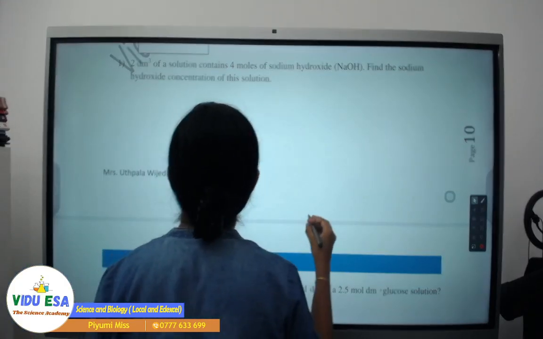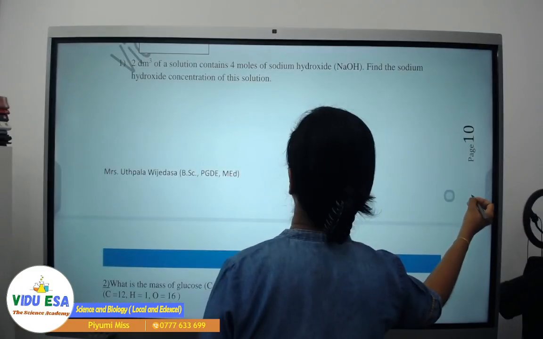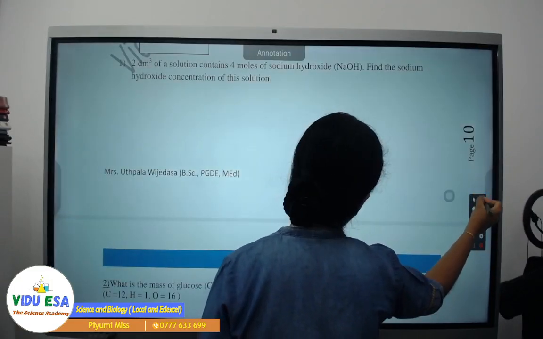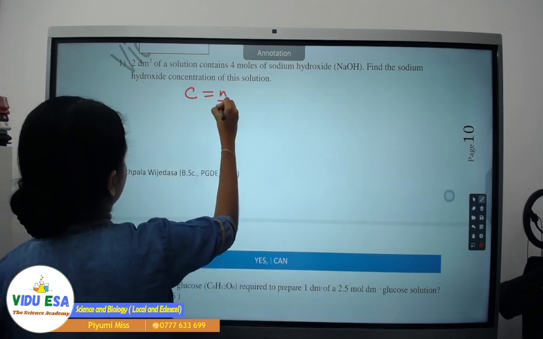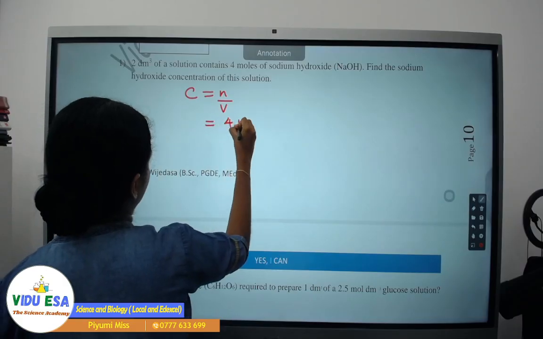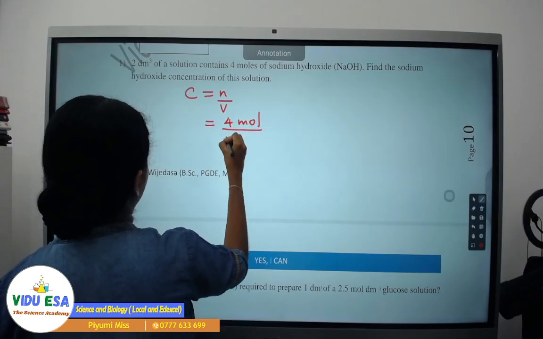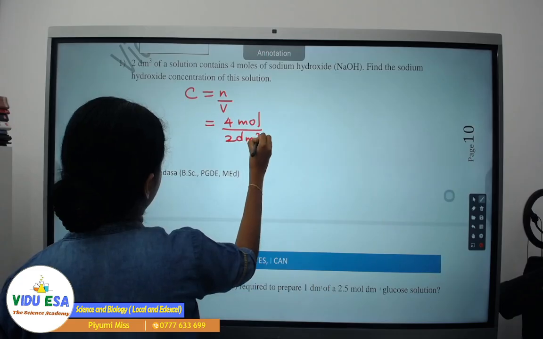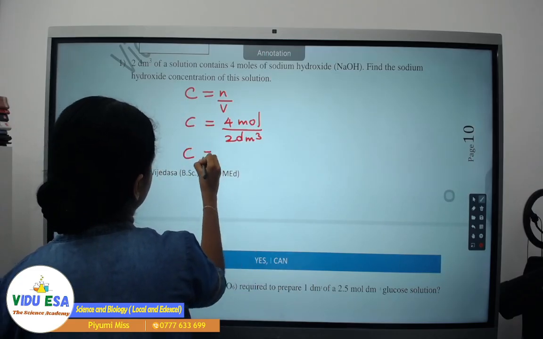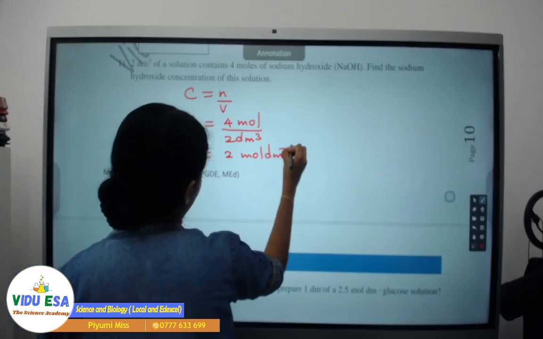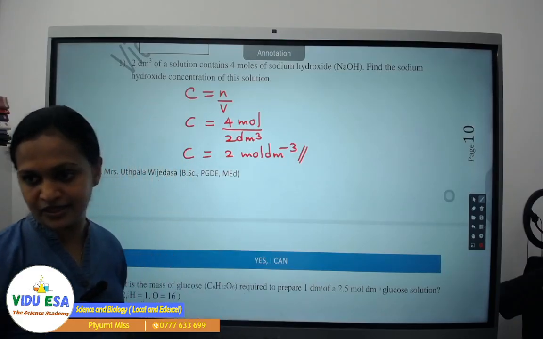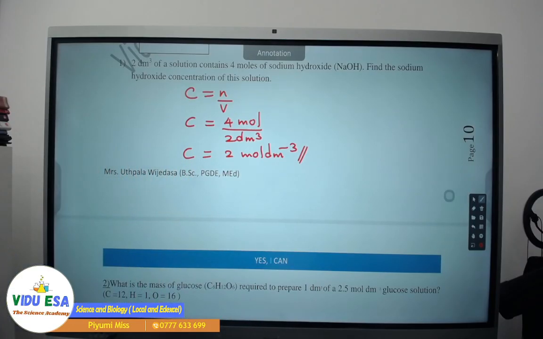Find the sodium hydroxide concentration. That is super easy because you are given the number of moles as well. C equals N over V. So the number of moles is 4 moles and the volume is given as 2 cubic decimeters. So that is 2 moles per cubic decimeter. Do the next one also.